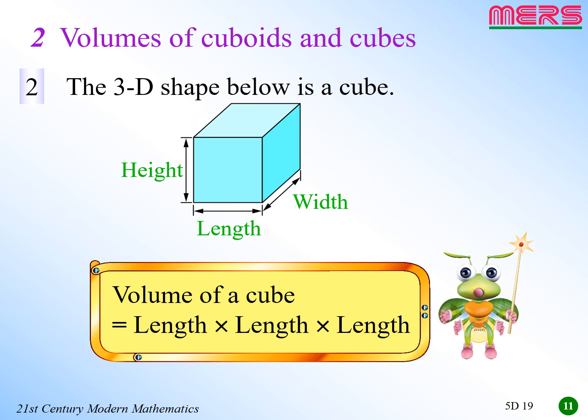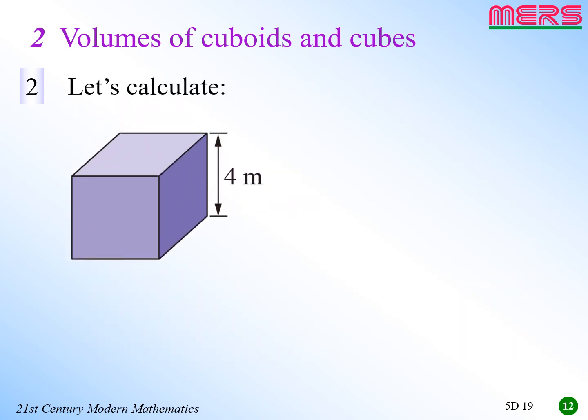So the standard formula for the volume of a cube is length times length times length. You only need to know the length of one side of the cube and you can find the volume of the whole cube. What is the volume of this purple cube? It is 4 times 4 times 4 equals 64. The volume of this cube on the left is 64 cubic meters.